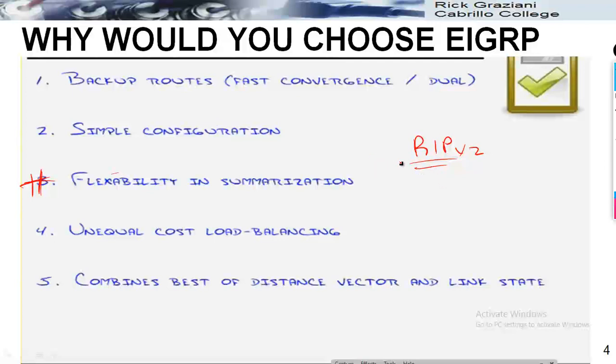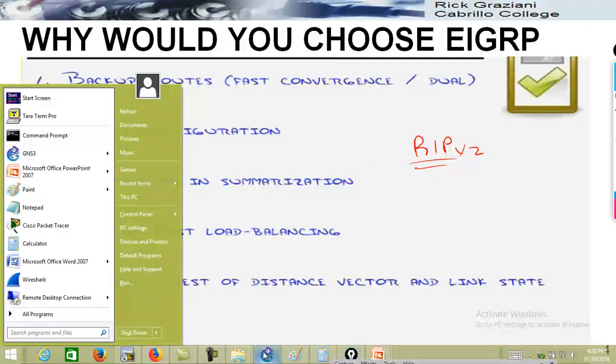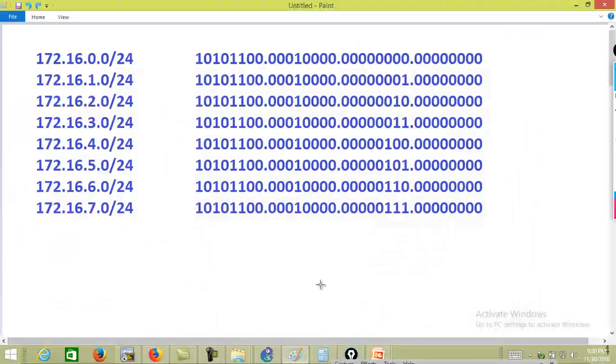And this summarization is all in a bid to make your routing efficient, so that you don't have slowness. One of the dreaded calls network admins get is where users are complaining that the internet or the network is slow.